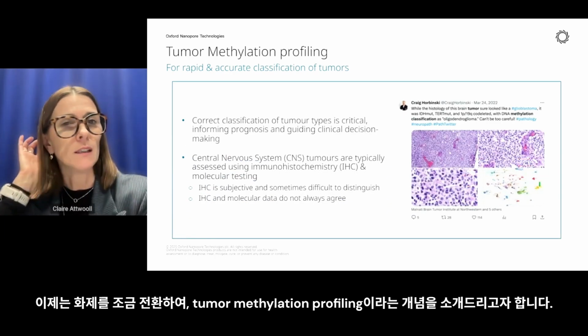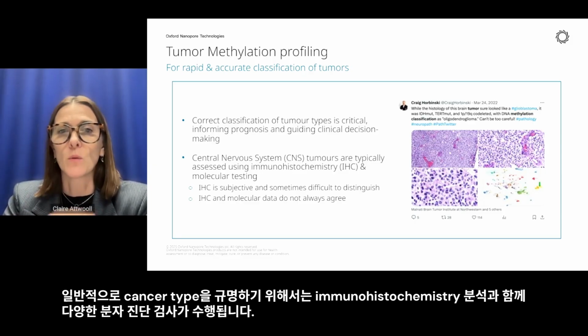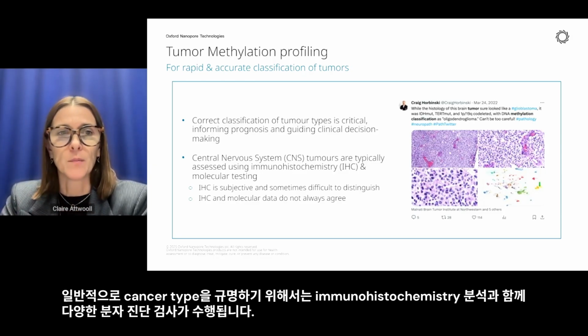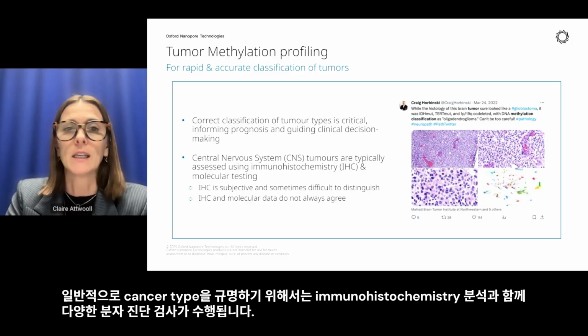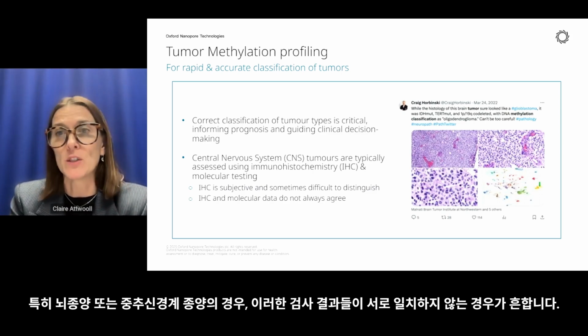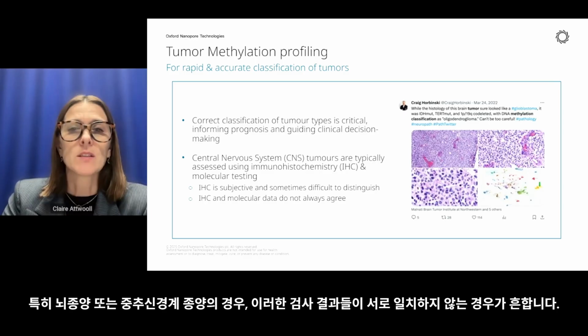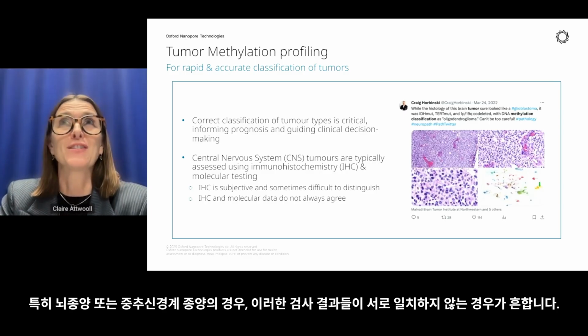I'm going to switch gears a little bit and just introduce this concept of tumor methylation profiling. So typically, when understanding what type of cancer you have, there's often some immunohistochemistry and then some molecular testing. And in the case of brain tumors or central nervous system tumors, these tests are often not in alignment.